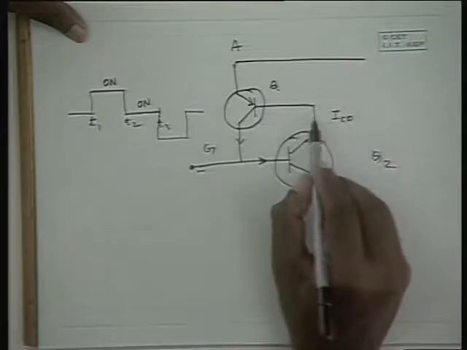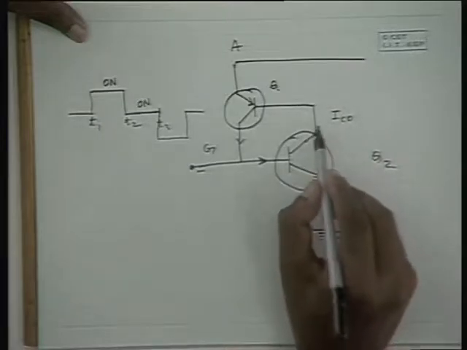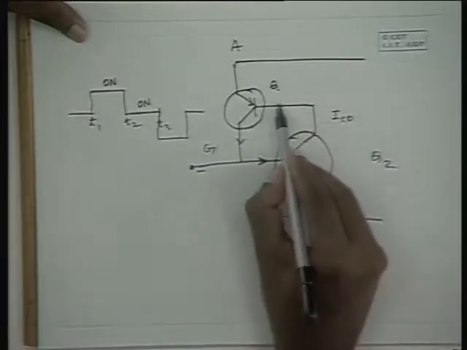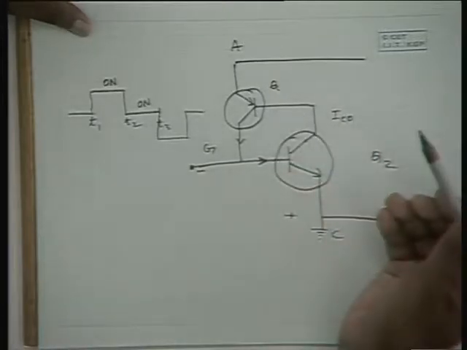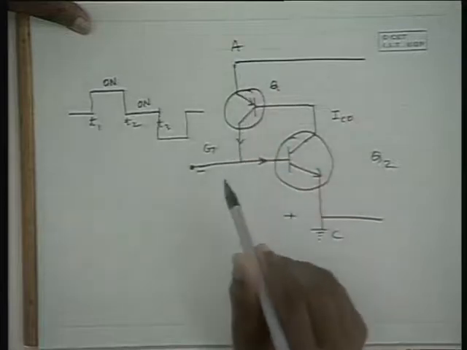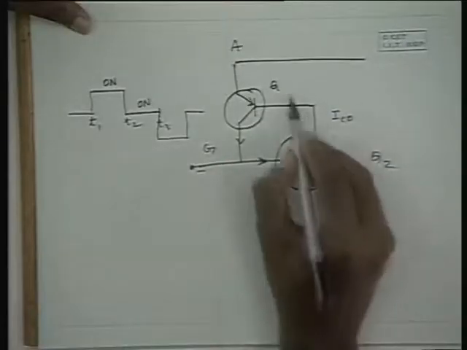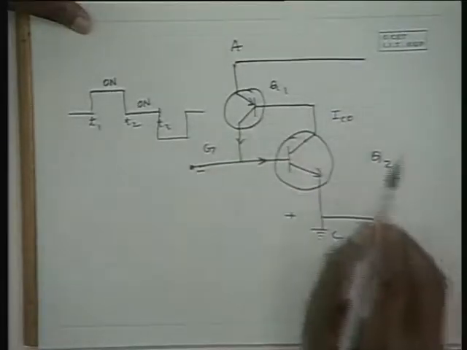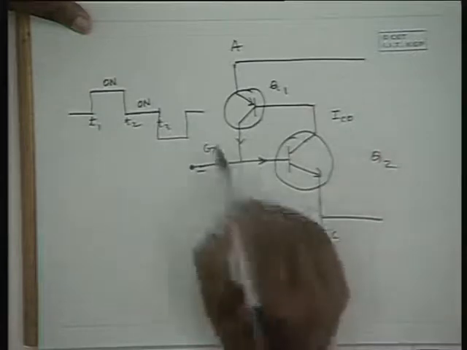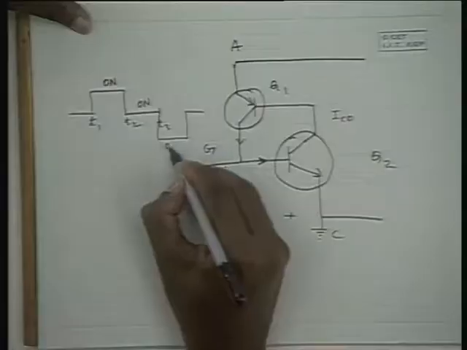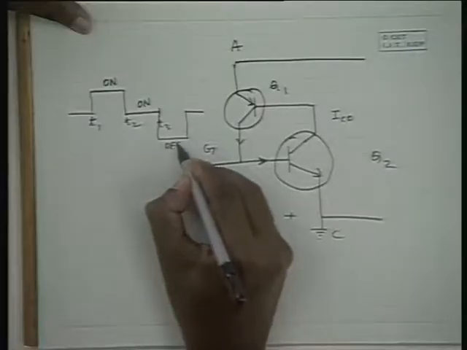And when the collector current drops down to almost 0, this base current drops down to 0. Therefore, this collector current now drops down to 0. And as a result, both Q1 and Q2 go off. That means the SCR goes into off condition. Therefore, here the SCR is turned off.